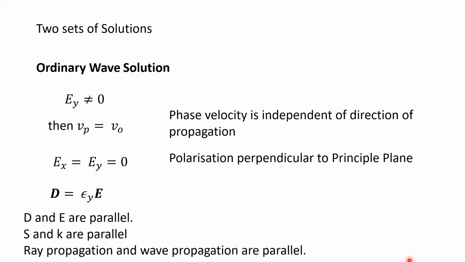Anyway, doesn't matter. So let's then discuss the second solution. That second solution we call the extraordinary wave. As I mentioned, it's not at all a very creative name, but it's something which has been used, so you have to stick with it. Now, in that solution, we take Ey is 0. That is a solution to one of the equations.